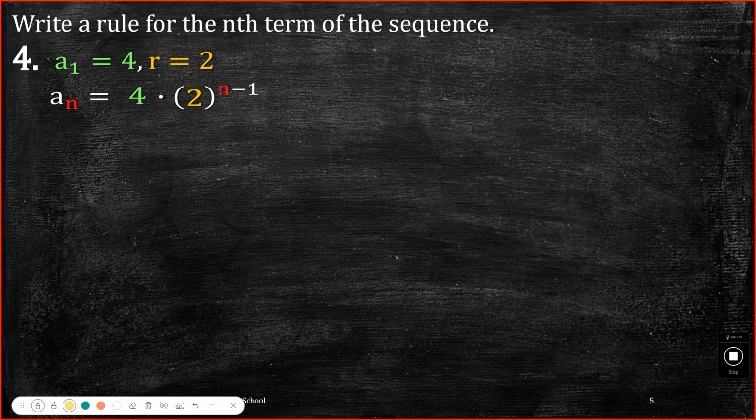Five. What's the equation for that one if it is geometric? A sub n equals 5 times 3 to the n minus 1 power.